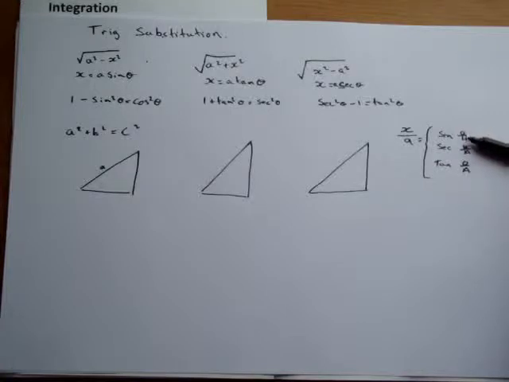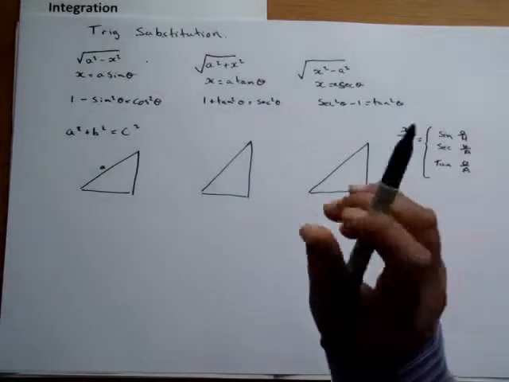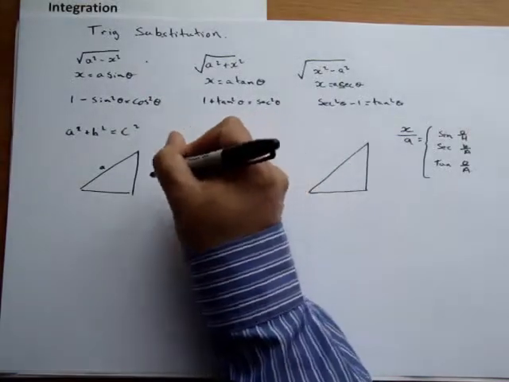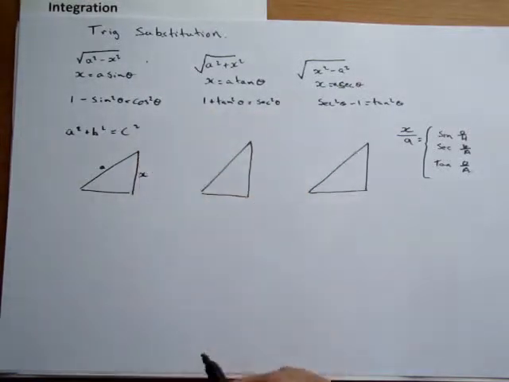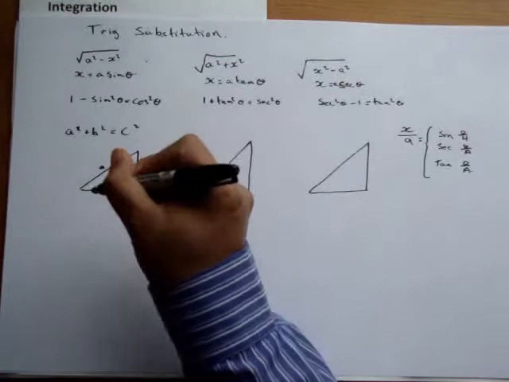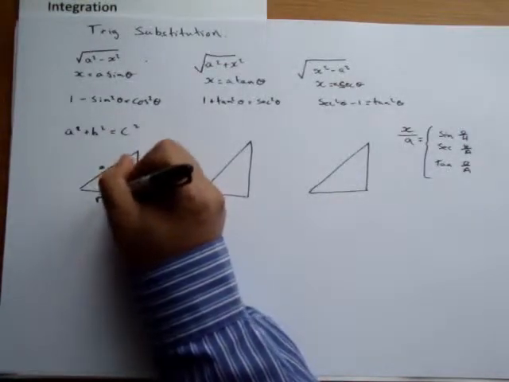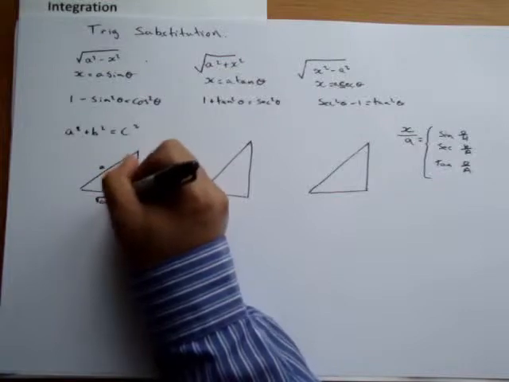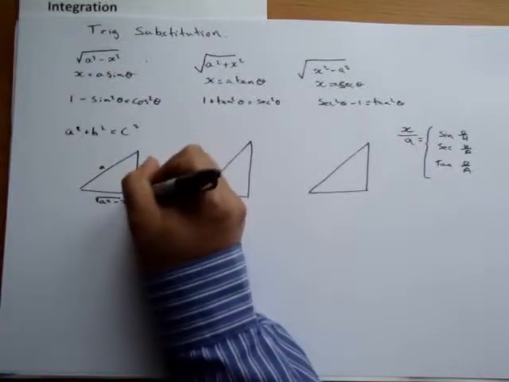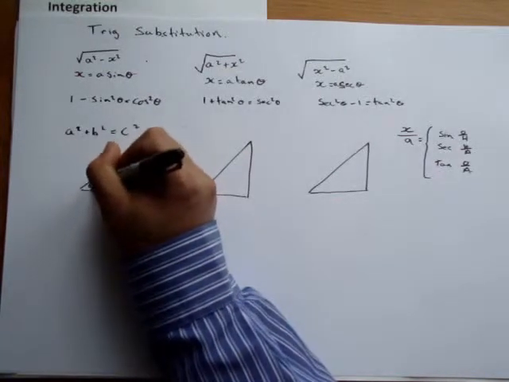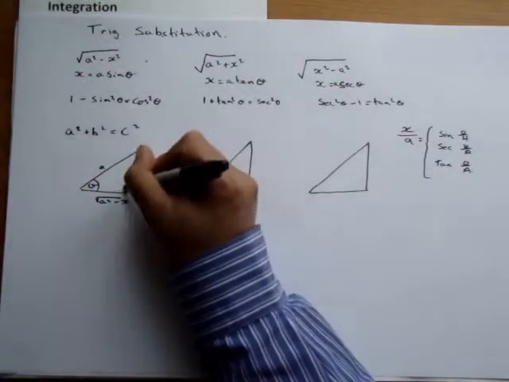So this is a, the hypotenuse is a, and x would be the opposite, and this side over here would be the square root of a squared minus x squared. This is theta and a right angle.